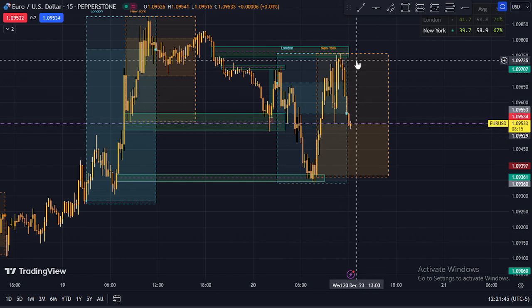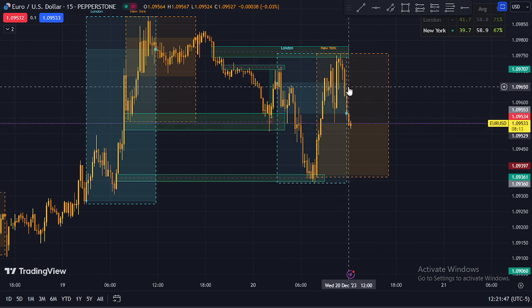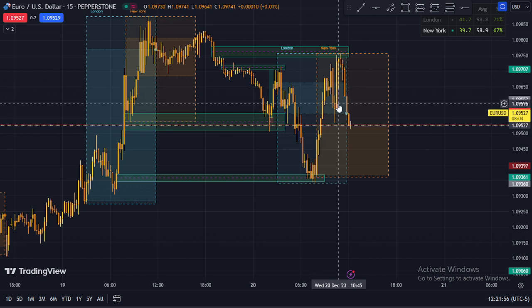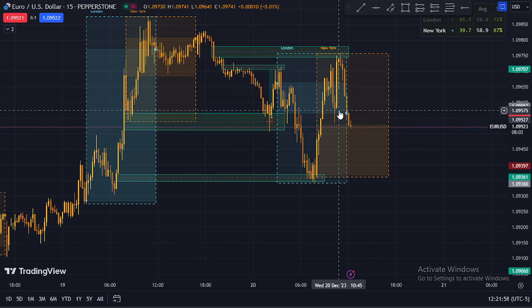See price live like this, and then you'll always see signatures that price has left behind for you to use, and that is always price tipping its hand to you, telling you that it's going to do a certain thing.